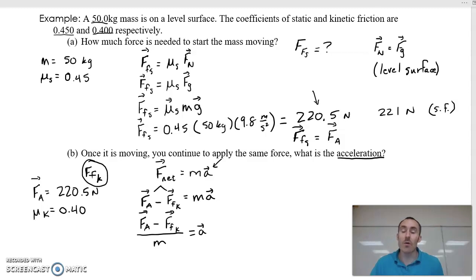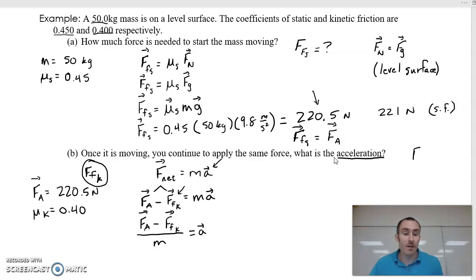Now let's just check what numbers I can put in here already. I know the applied force is 220.5. I don't know what the force of kinetic friction is, so I can't plug that number in. I'll have to expand that piece. And I do know the mass is 50 kilograms as well. Okay, and so what I need to figure out is what number to put in the force of kinetic friction over there. Just like before, I can expand that.